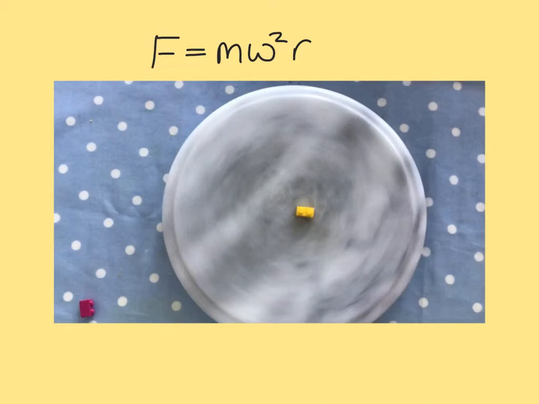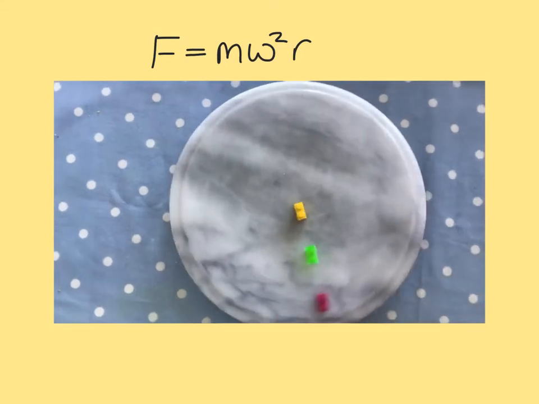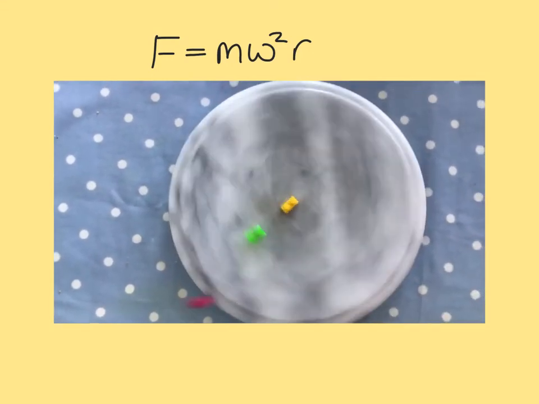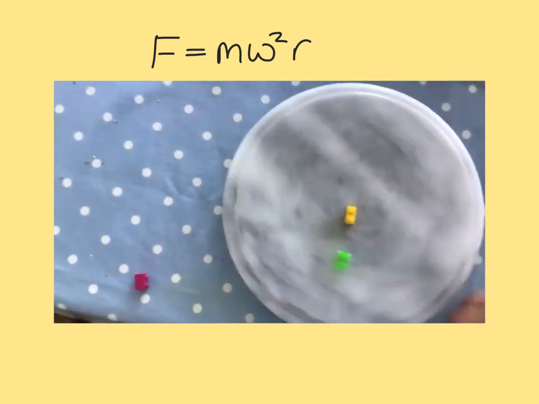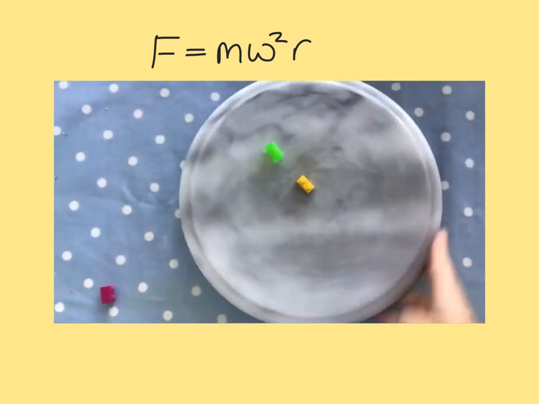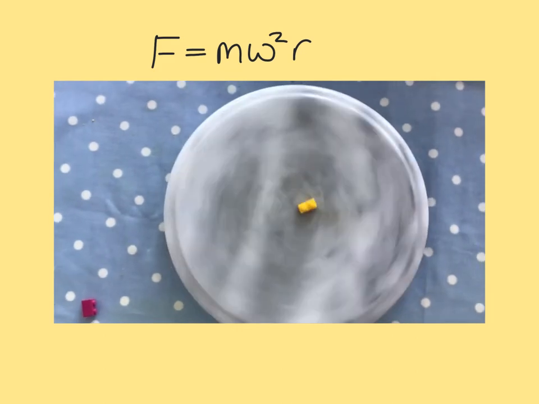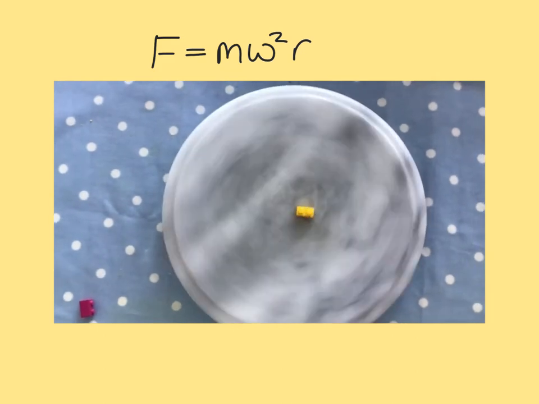In this situation, the centripetal force was being provided by friction between the Lego blocks and the marble spinning top. When that friction is no longer big enough and the centripetal force is no longer being provided, the object will stop travelling in a circle, and so they fly off.